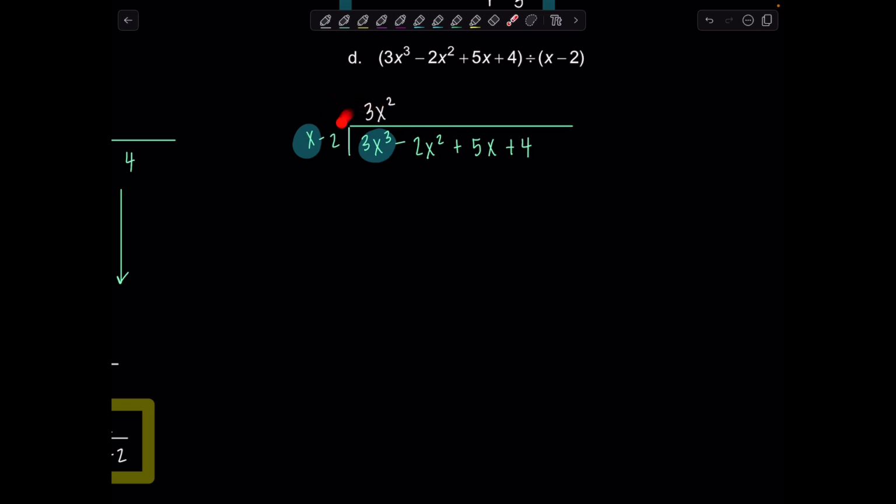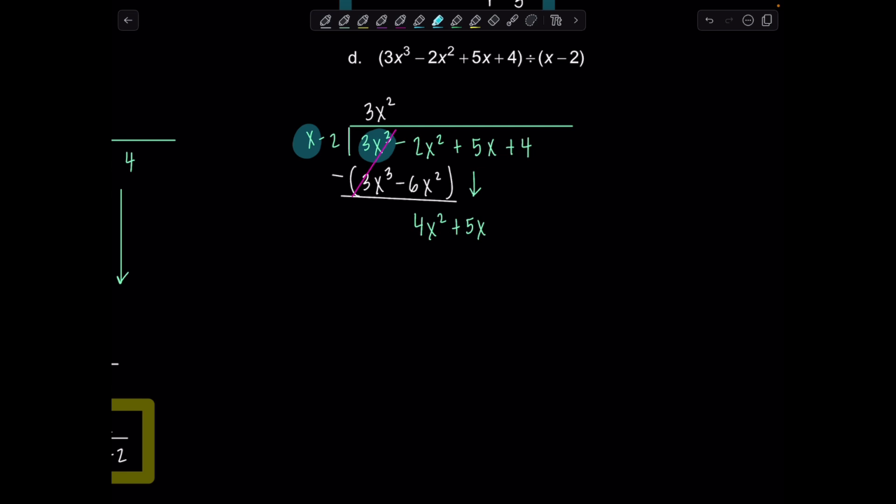So that distributes to the divisor. That's going to be 3x cubed minus 6x squared. Step 3, subtract. This cancels. And then this is negative 2x squared plus 6x squared. That gives me 4x squared. And then step 4, bring down, plus 5x.